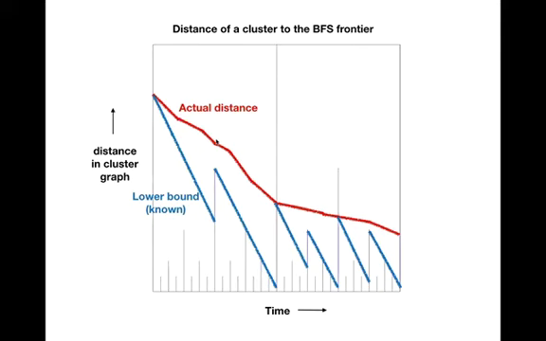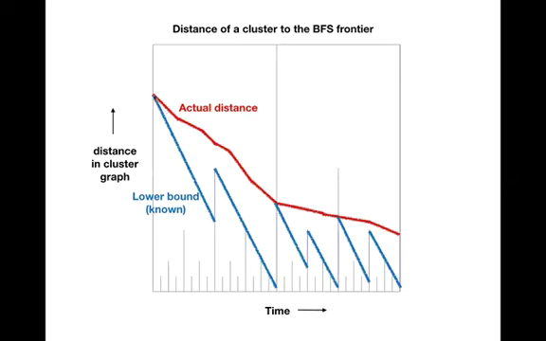Now what happens when the algorithm starts running? Every time step, your actual distance to the frontier goes down by 1, which means a lower bound on how long you need to stay awake is also going down as time passes by, right?